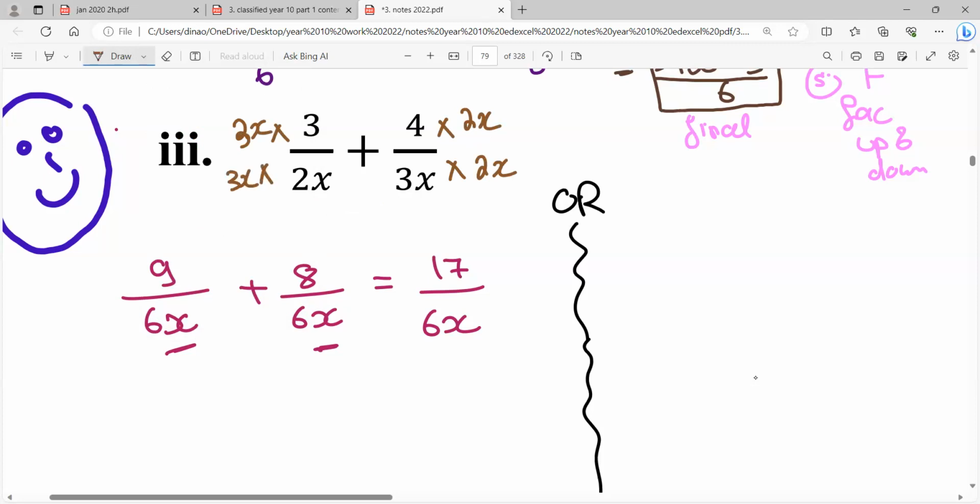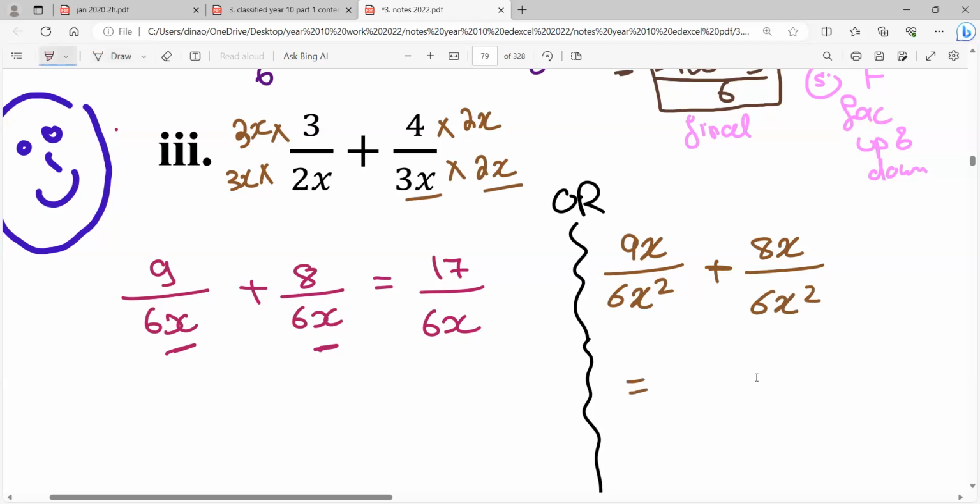So fraction number 1 is going to be 9x over 6x squared, because 3 times 2 is 6 and x times x is x power 2, plus 4 times 2x is 8x over 3x times 2x is 6x squared. When I combine, as we said, we combine up, so it becomes 9x plus 8x which is 17x, and the denominator remains the same.